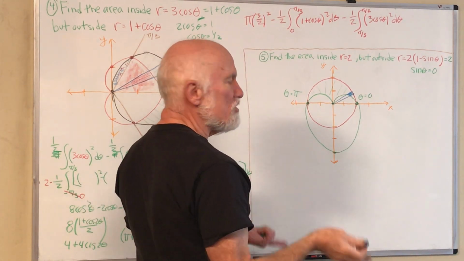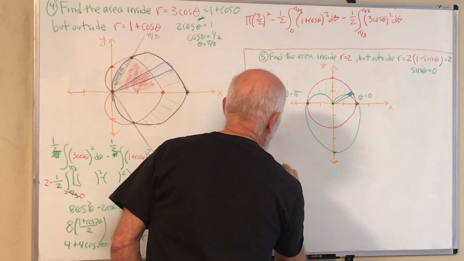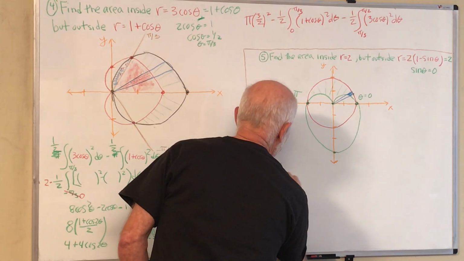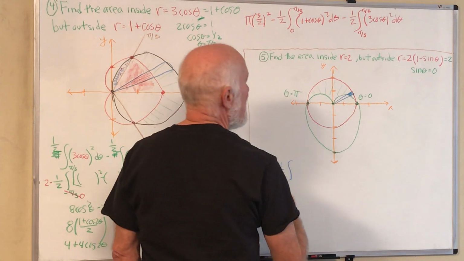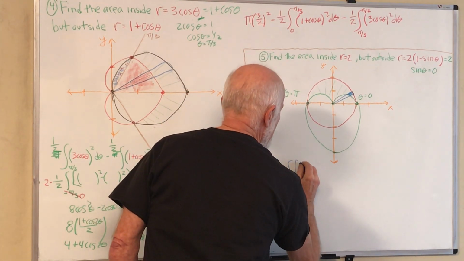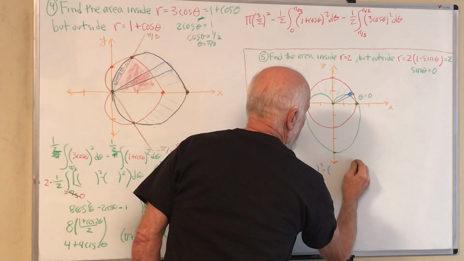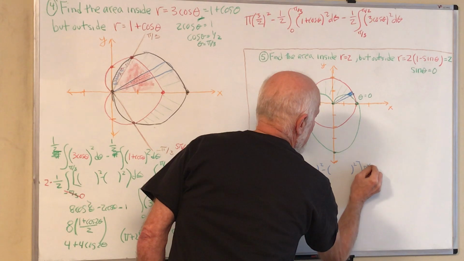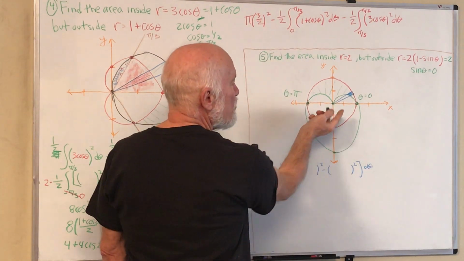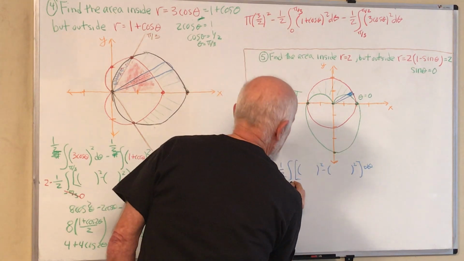So we could do it in 2 separate integrals, or we could do it just in one. So 1/2 the integral of r squared d theta. But it's going to be the big radius squared minus the little radius squared d theta. And what angles do we have? From 0 all the way to pi.